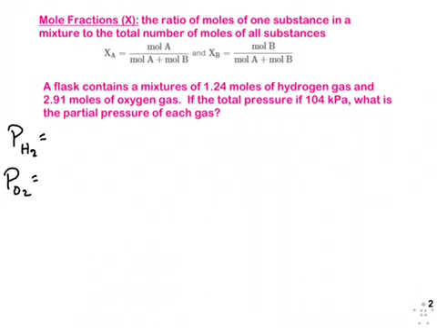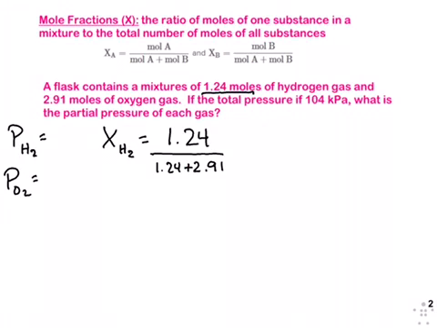In order to do that, we need to look at the mole fraction. For hydrogen, you take the total amount of hydrogen gas present, 1.24 moles, that comes from the problem, over the total in the system. So that would be the 1.24 plus oxygen, which is 2.91 moles.